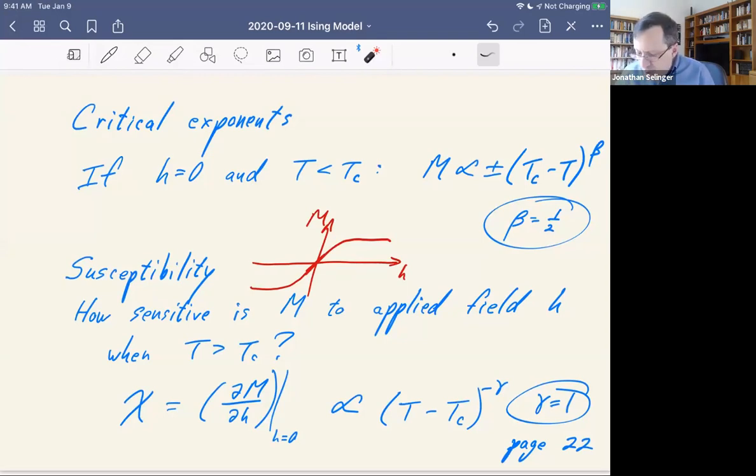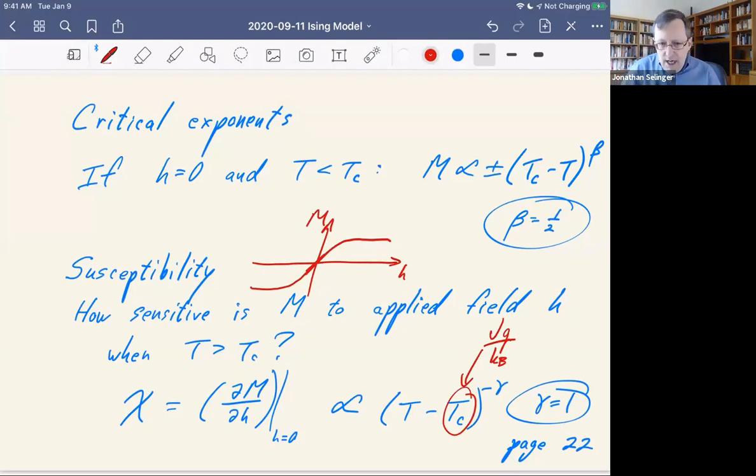It influences the critical temperature. Just the critical temperature. So the critical temperature is JQ over Boltzmann's constant. Suppose J is 0. So suppose we go back to the non-interacting Ising model.